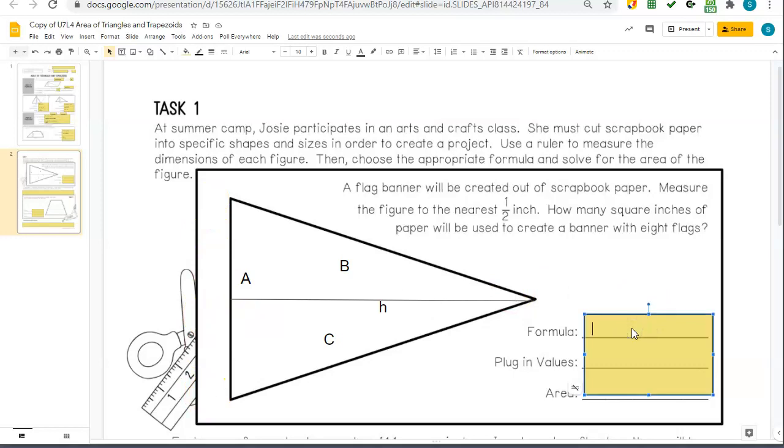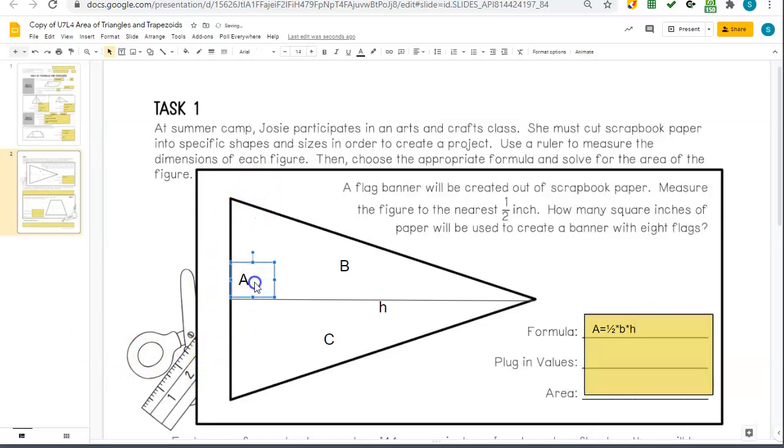So remember, our formula is area equals 1/2 times base times height. In this case, our base is this length here, and our height is this length here. Now, we're not going to worry about measuring the rest of this. I am just going to tell you the measurement on this side is 2.5.